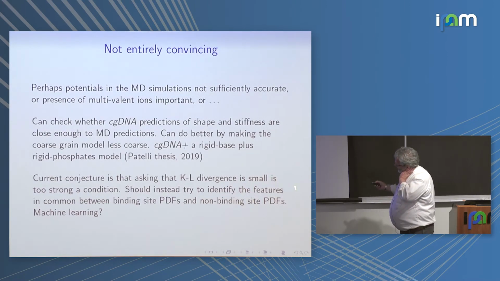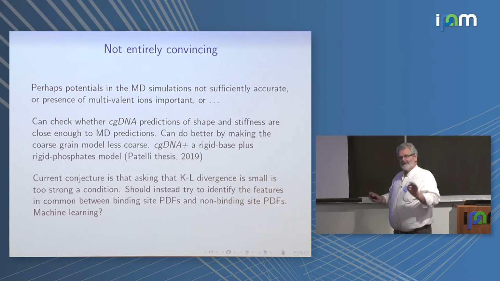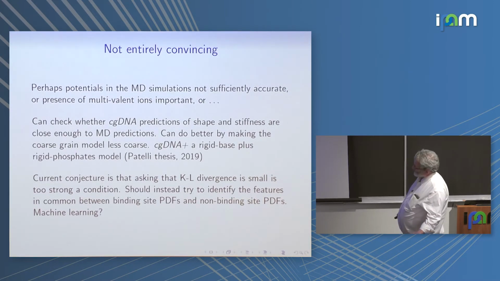And that's where I think it would be very interesting to try and use machine learning to learn what are the common features in the PDFs for binding site sequences versus PDFs for not binding site sequences. And mathematically, CTCF is one protein. There's databases for hundreds of these proteins.